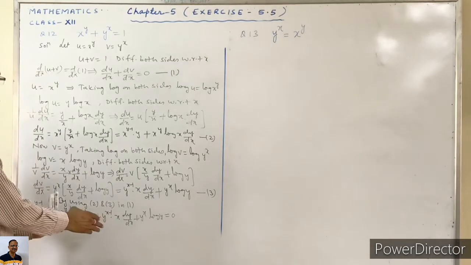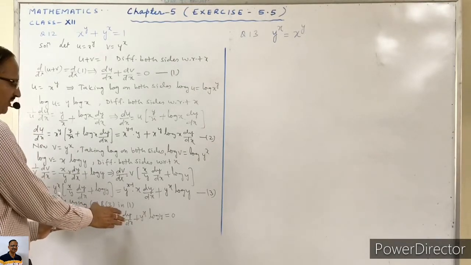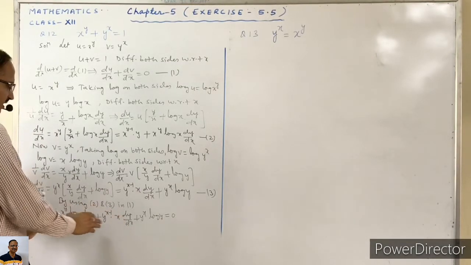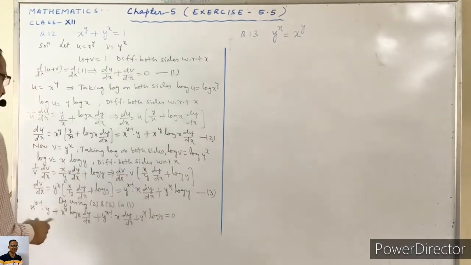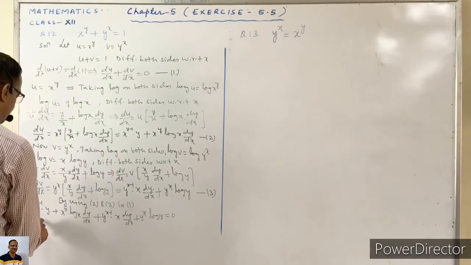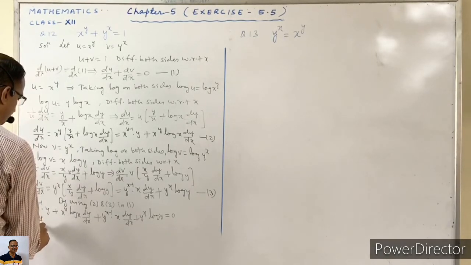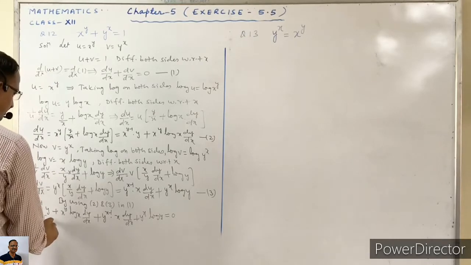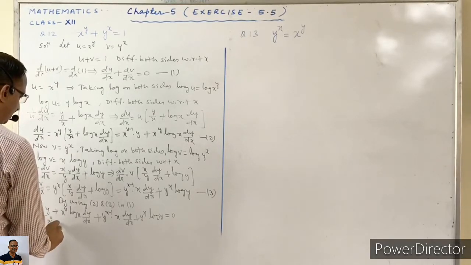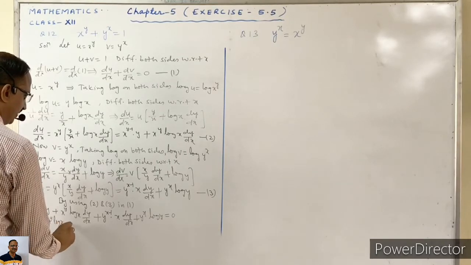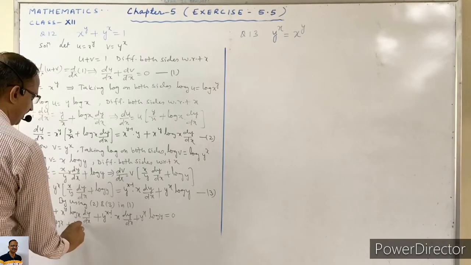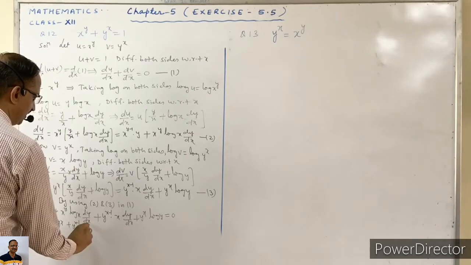So we will take common from these 2 terms and transfer the rest of the terms on the right hand side. So we will get dy by dx in bracket x raised to power y and log x plus y raised to power x minus 1 x.